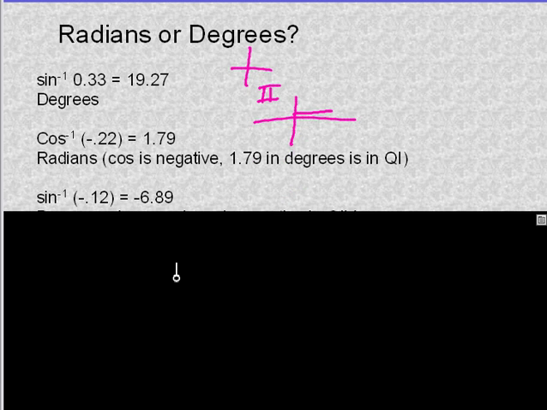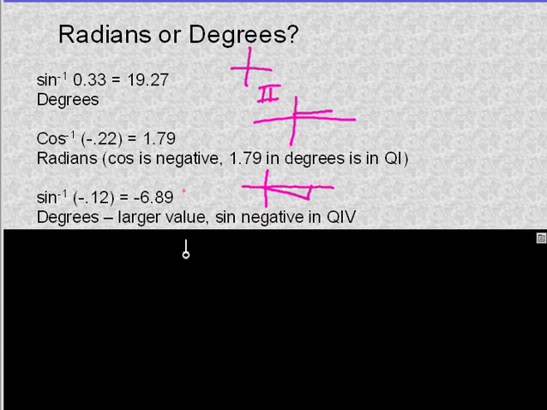Okay, inverse sine, negative 6.89. Again, this is coming out of quadrant 4. It's larger than 6 barely, but it's going to be in degrees because this number is a little bit bigger than it should be if it were radians.